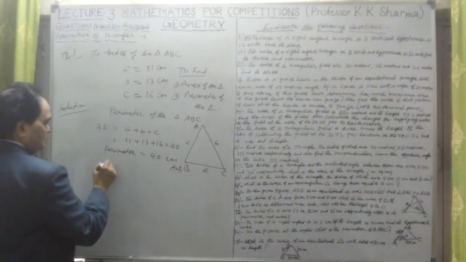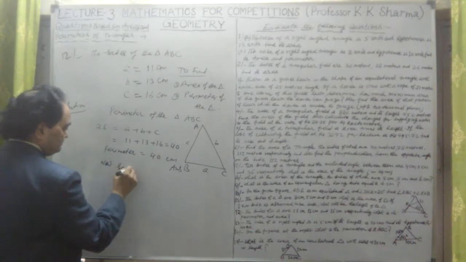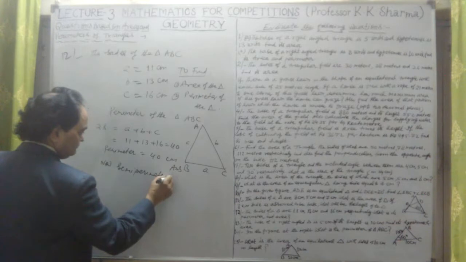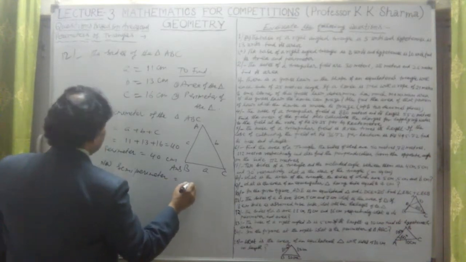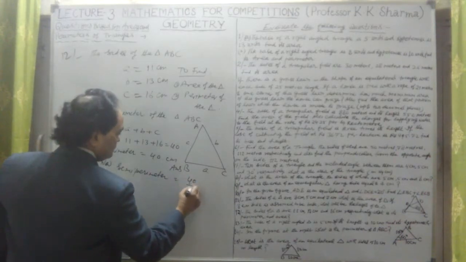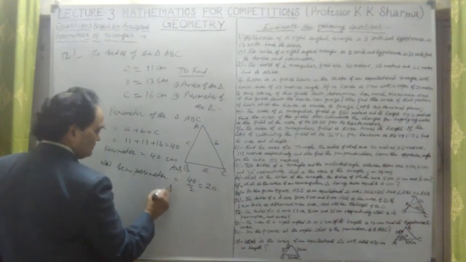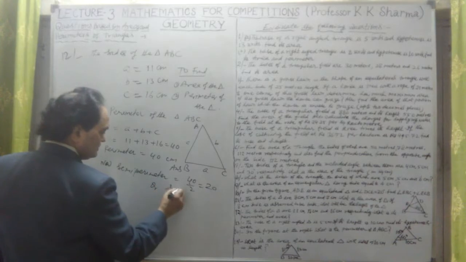Now we find the semi-perimeter. Semi-perimeter is equal to 40 upon 2, that means 20. So the value of small s is 20.